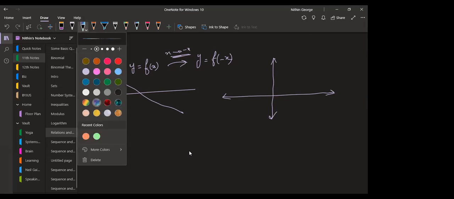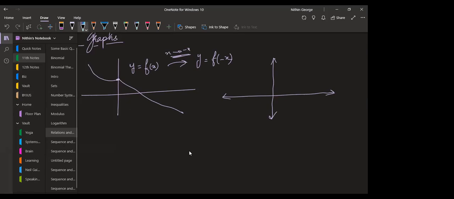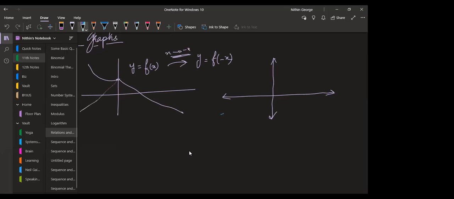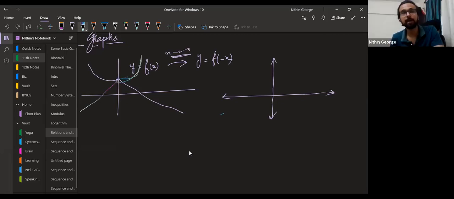It will come on the other side of all the x values. Exactly. You will take a mirror image of that. So what is the mirror here? The y-axis acts as the mirror. It is mirrored on the y-axis.